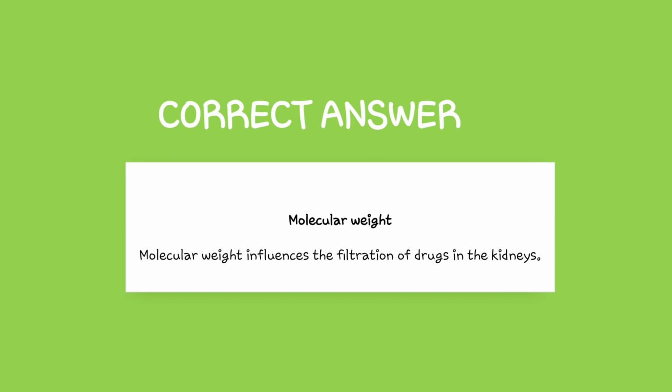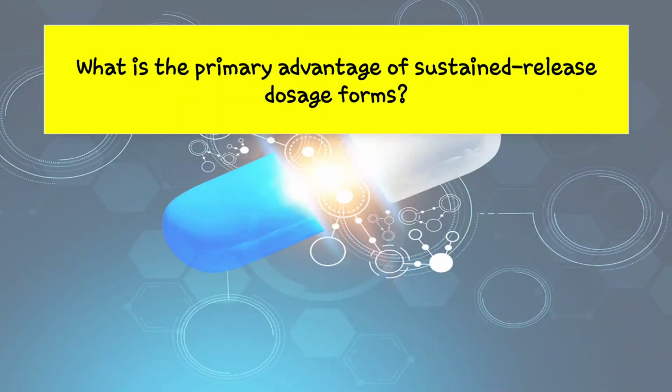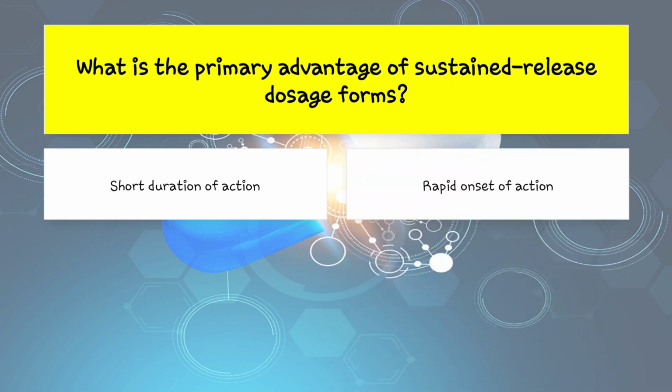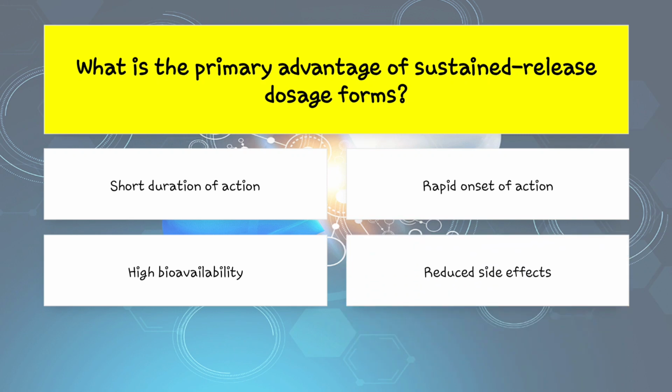Moving to next one. The question is, what is the primary advantage of sustained release dosage form? And the options are short duration of action, rapid onset of action, high bioavailability or reduced side effect.